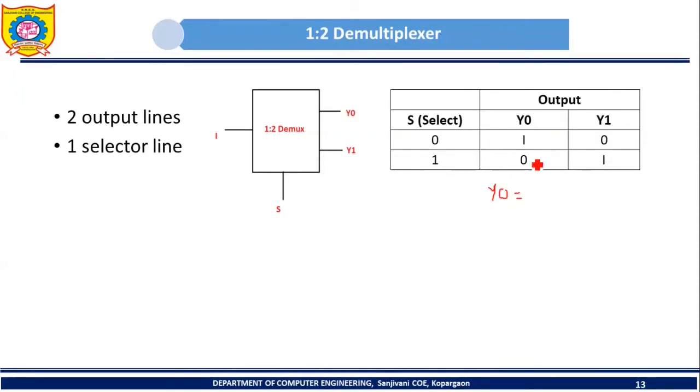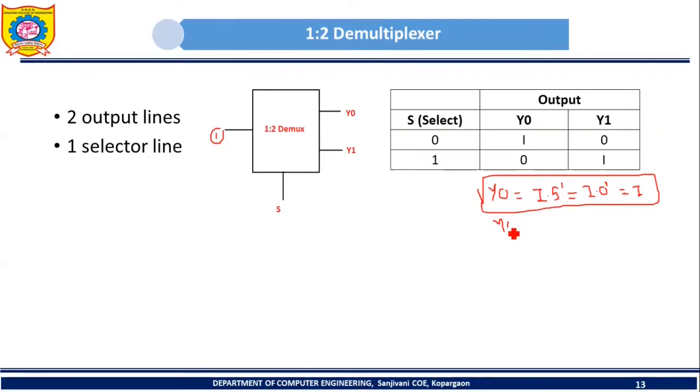Yes. y0 is equal to I, where I means the data present on the input line, which may be either 1 or 0. y0 is I when S is 0, so I will take S prime. When S is 0, S prime is 1, and 1 into I is I. So the output y0 will be I, and this is the expression for y0.